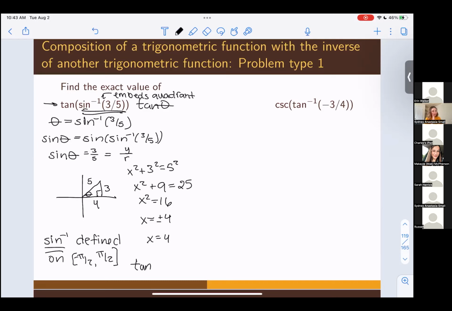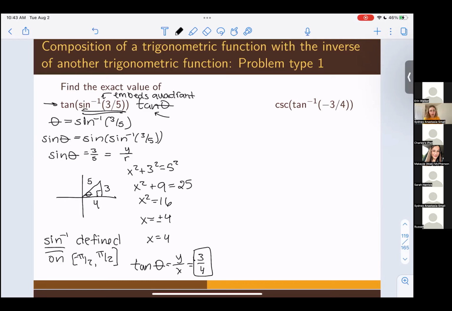And we know we're only working with this one angle because we're working with the inverse function. Okay, so the tangent of theta is equal to the y value over the x value, which is 3/4. So our final answer is 3/4.